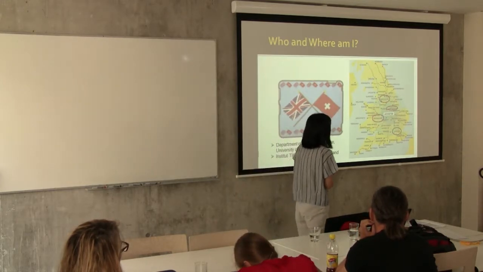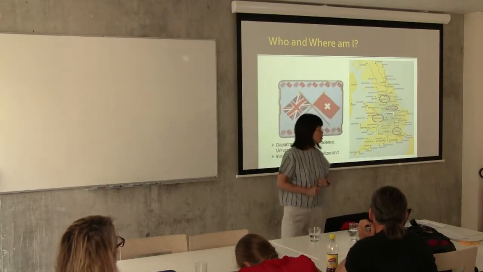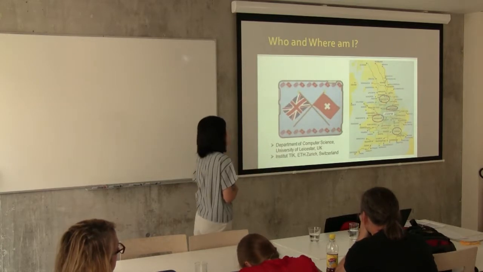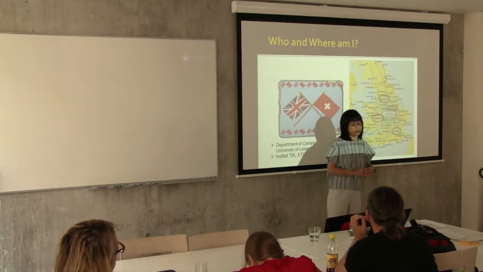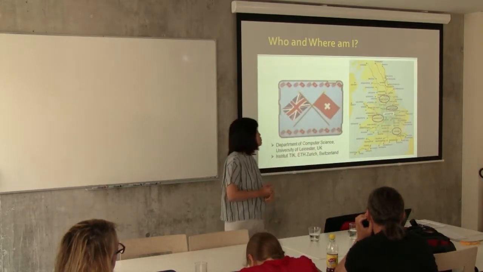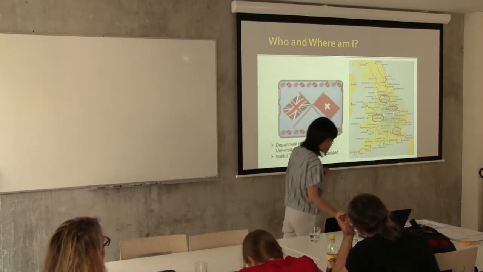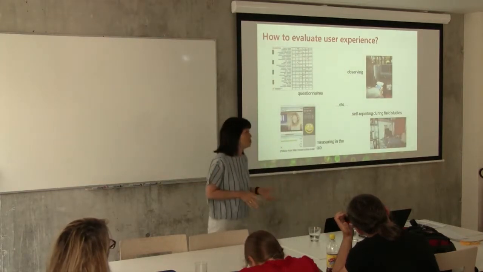It's in the heart of England: London is south of us, Birmingham to the west, Nottingham here, and further north is Manchester. It's relatively small, only 300,000 people, but there are two universities, and I'm at one of them. Okay, that's all about myself.